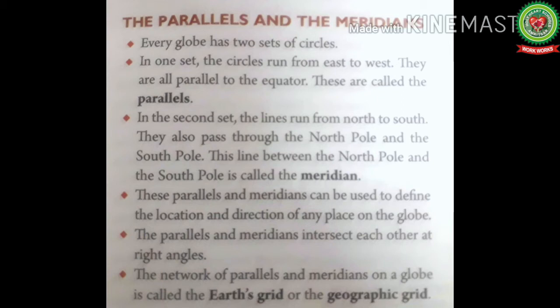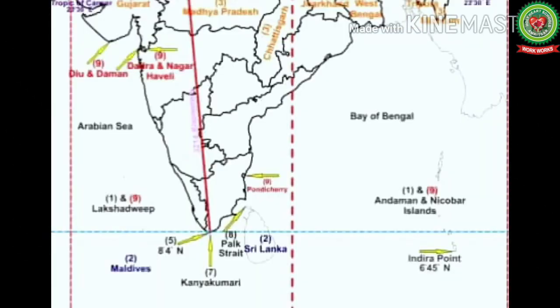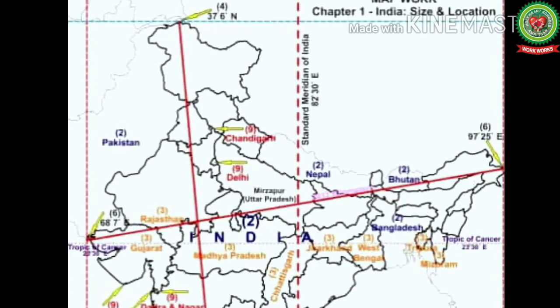Now here I want to give you one example: if somebody asks us about the location of India, we answer that India lies from 8° north to 37° north and 68° east to 97° east.